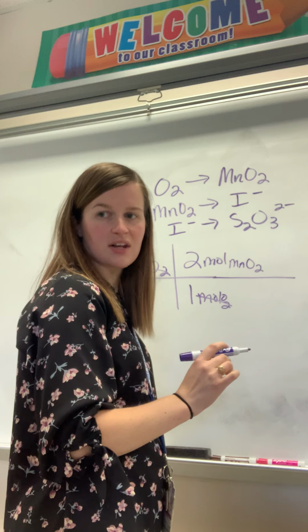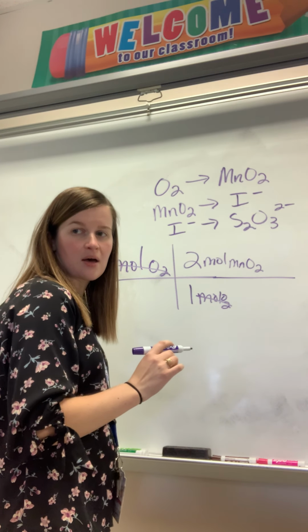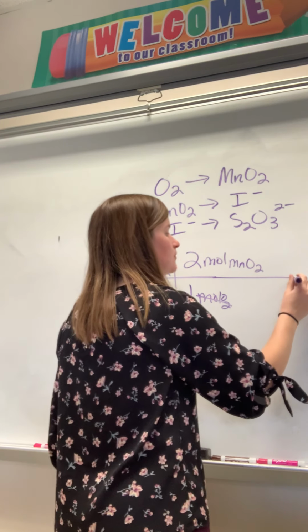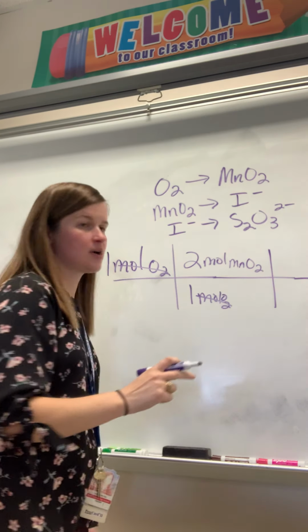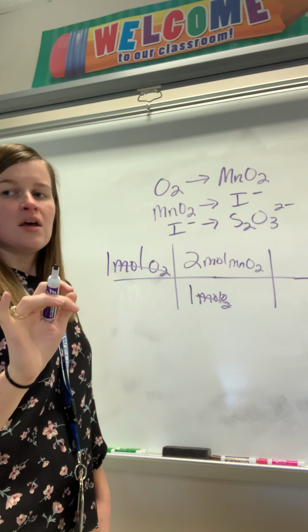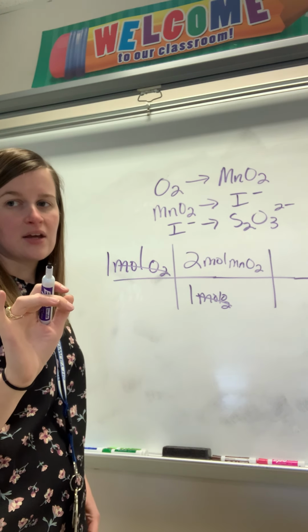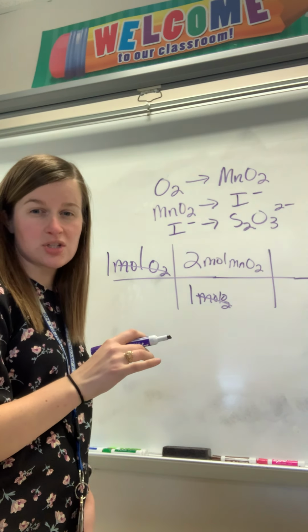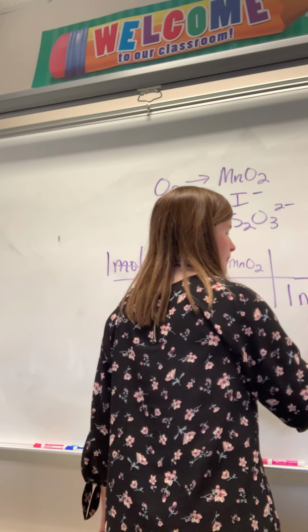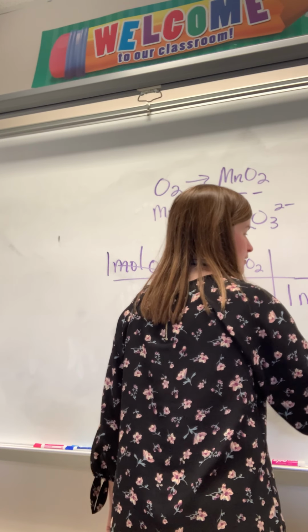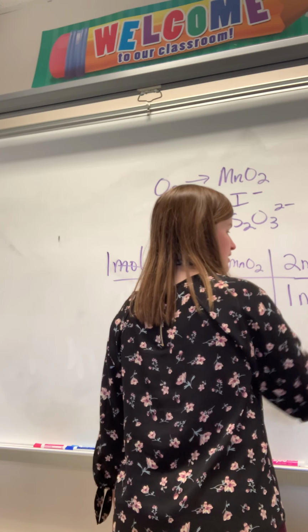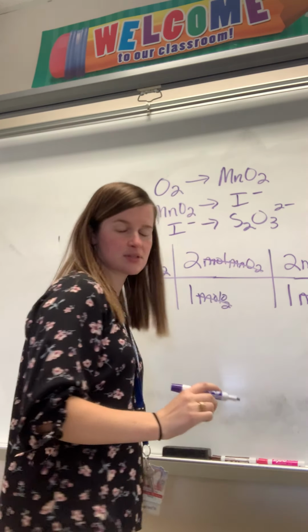So then if I look at the next equation, for every 1 mole of MnO2, I have the I2. And so this one, you're going to use a 1-to-2 ratio: 1 mole MnO2 is equal to 2 moles of the I minus. So then this cancels and this cancels.